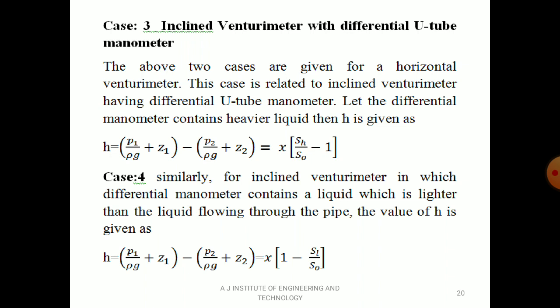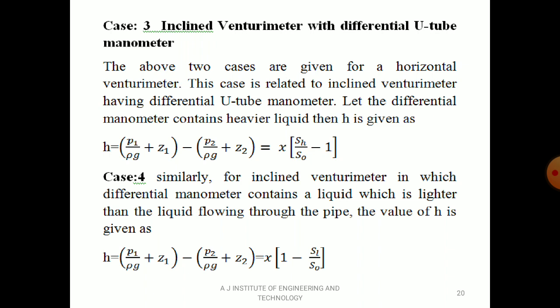So case 4, similarly, for an inclined Venturimeter in which the differential manometer contains a liquid lighter than the liquid flowing through the pipe, the value of H is given as follows. Here the specific gravity of the manometric fluid is lower than the specific gravity of the flowing fluid. It is again the same as case 2, but it is an inclined Venturimeter, so I have to consider Z1 and Z2.